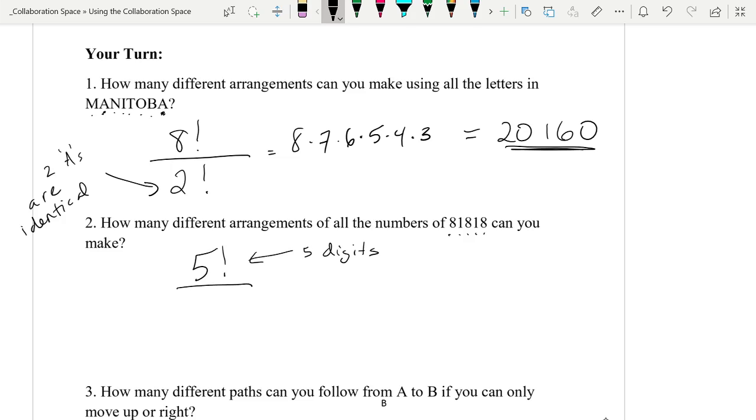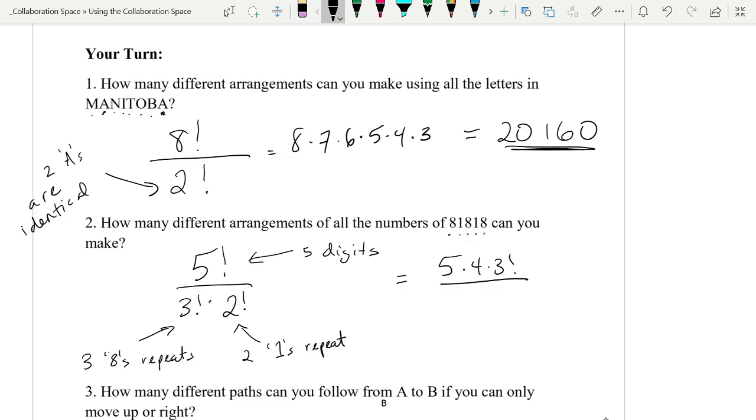And then I'm going to divide by 3 factorial because I have 3 8s, repeat, times 2 factorial because 2 1s, repeat. That one I can do without a calculator. That's 5 times 4 times 3 factorial divided by 3 factorial times 2 factorial. This divided by that is 1. And 2 factorial is just 2, right? 2 times 1 is 2. So the answer to this is 10.